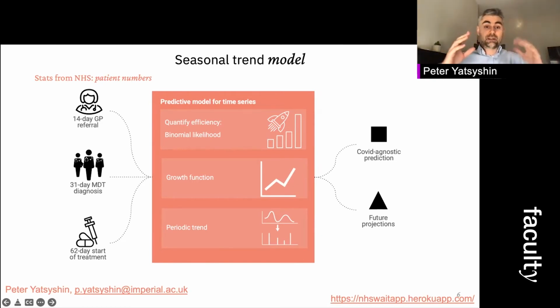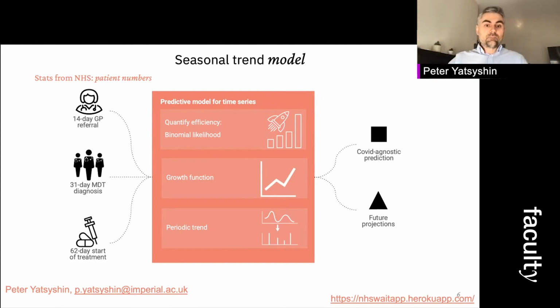For each one of them, there is a number of patients who went through this and the number who were processed successfully according to the standard. This immediately suggests using a Bayesian hierarchical model with a binomial likelihood representing the success of the NHS in treating the patients.